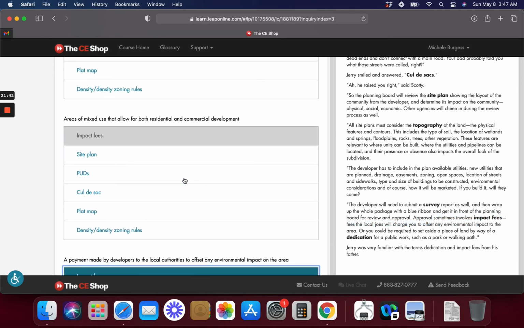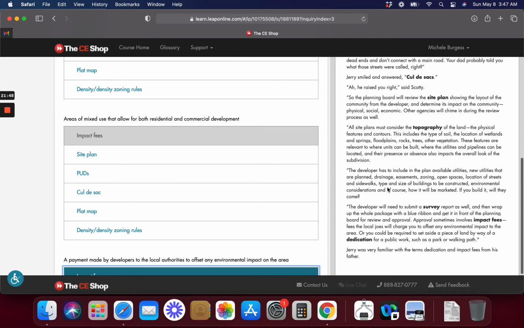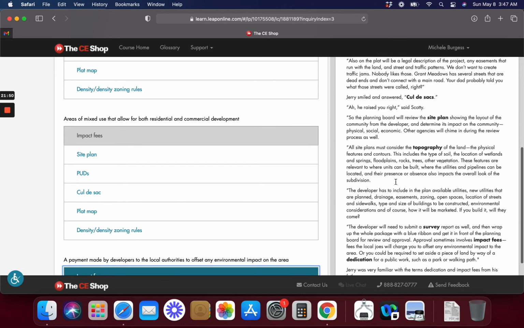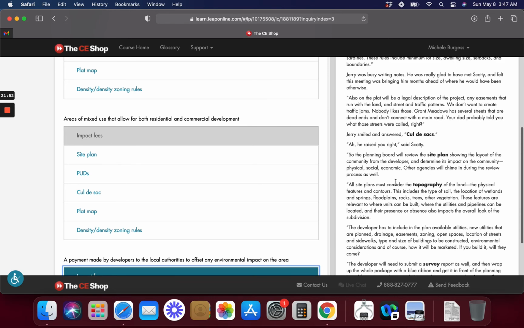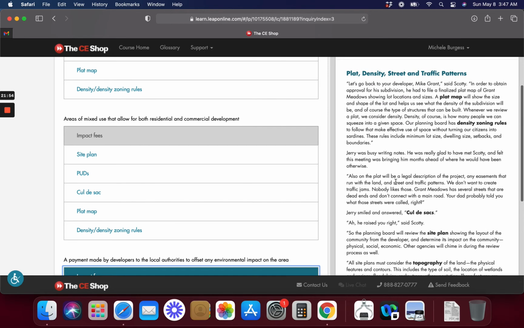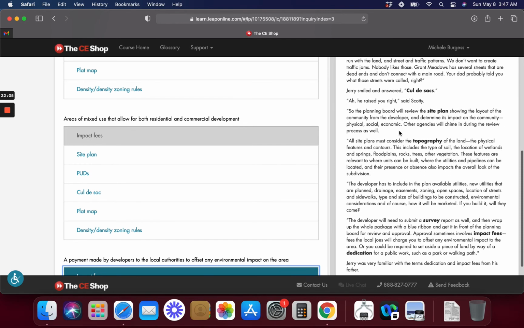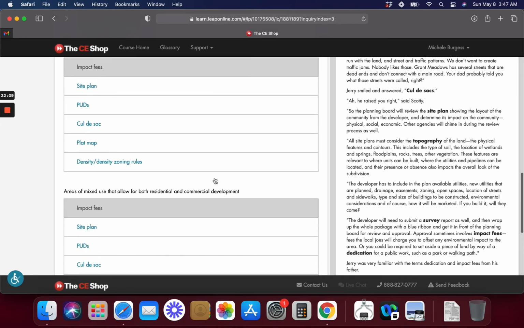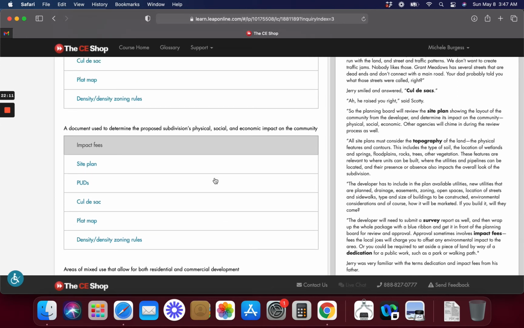An area of mixed use allowed for residential and commercial. I am thinking... maybe, let's see. I don't know. We're going to save that one for last because I don't know that one yet. Okay, I can't find it in here either.